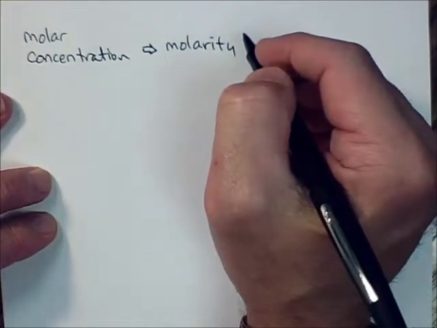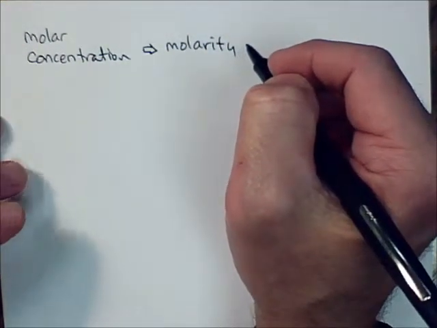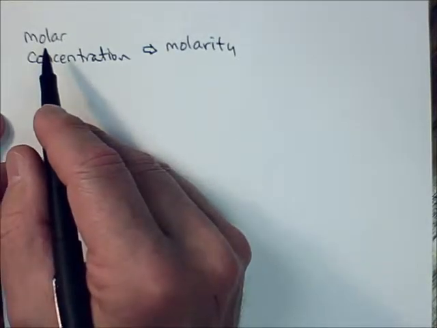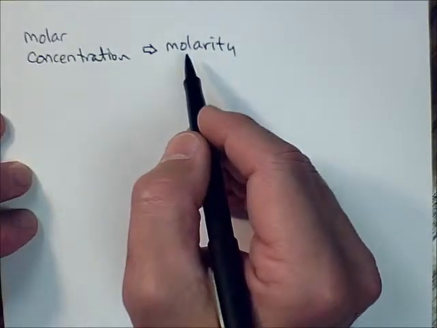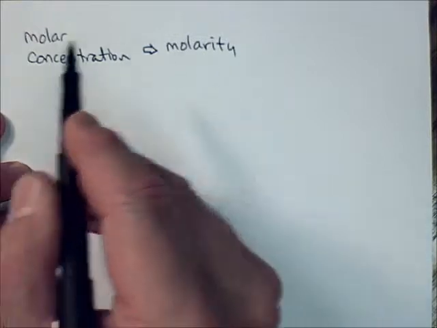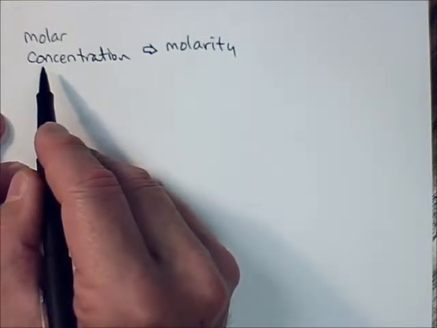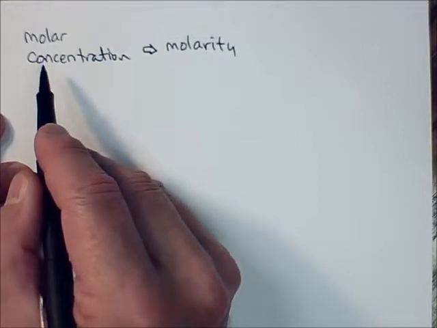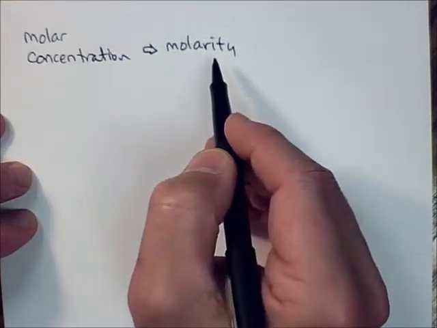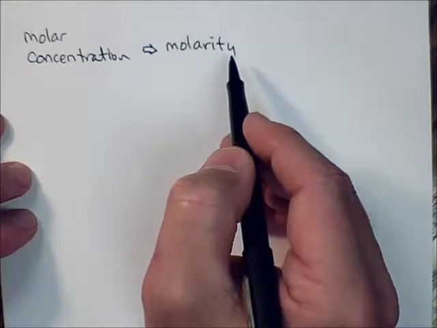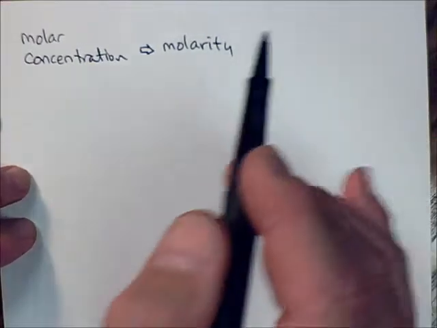And so if we say something is 1 molar, that means it has a molarity of 1. If it has a molar concentration of 0.5, we'd call that 0.5 molar. And we could also say it has a molarity of 0.5. So how do we get that?